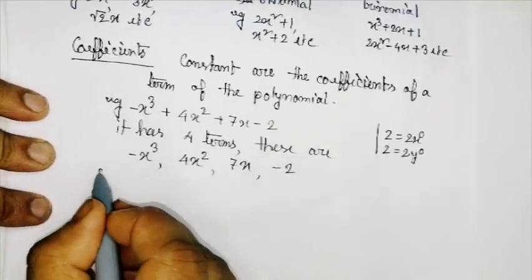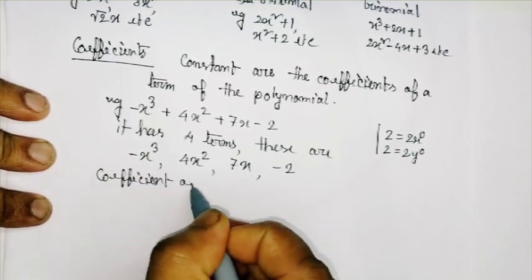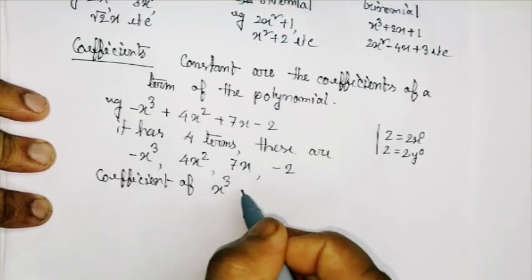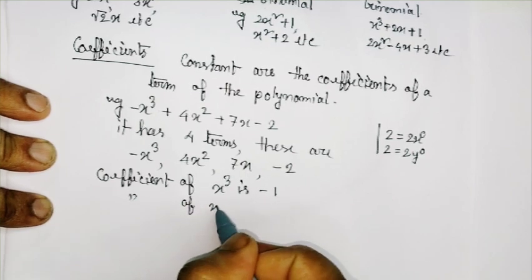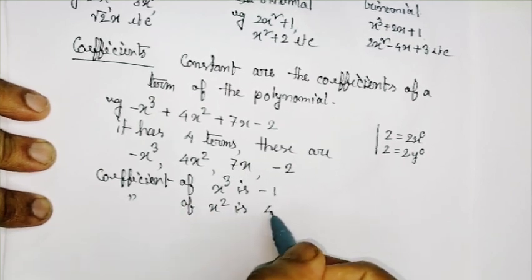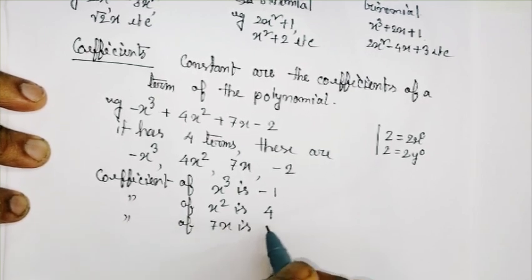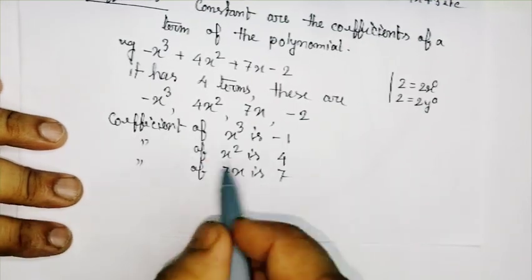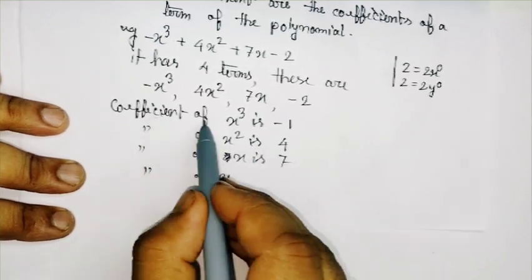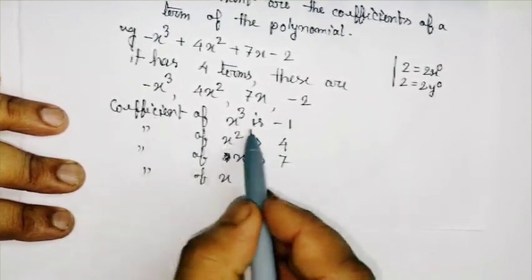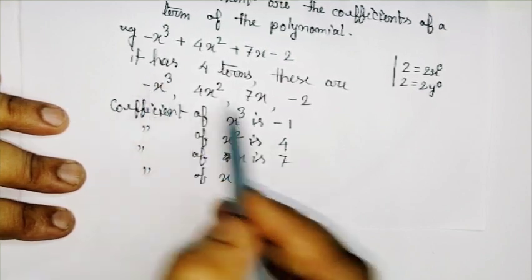So the coefficient of x cube is minus 1. The coefficient of x square is 4. The coefficient of x is 7. In the term minus x cube, the raised part is minus 1.